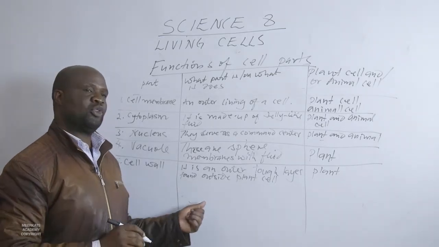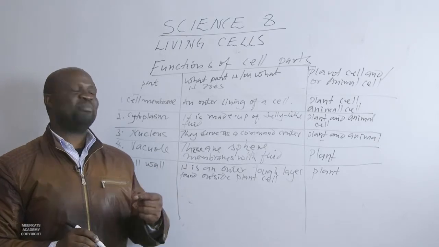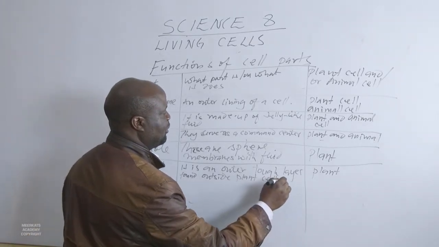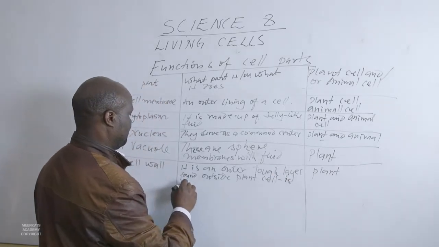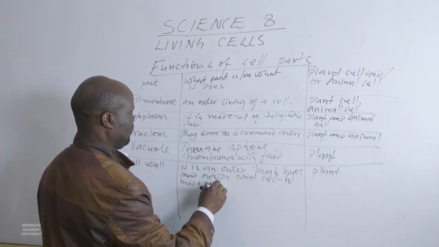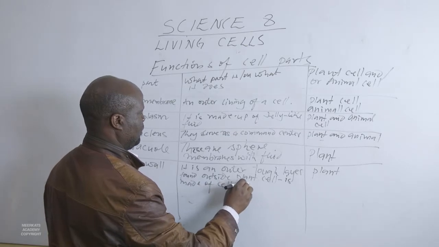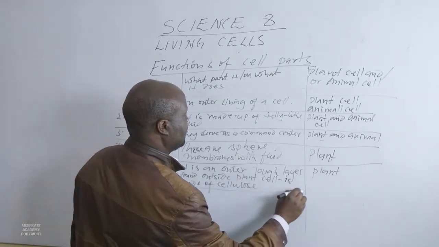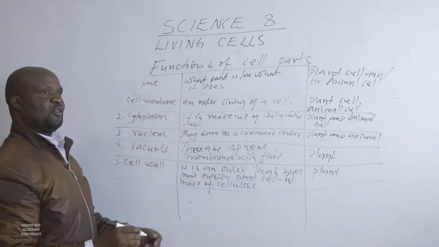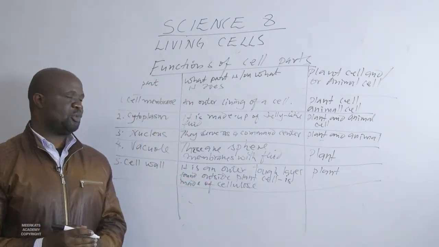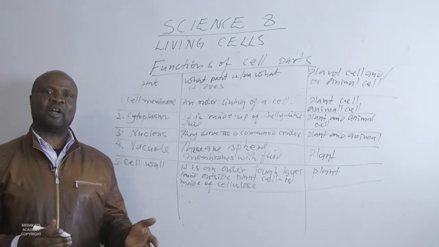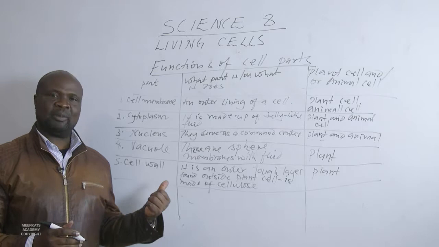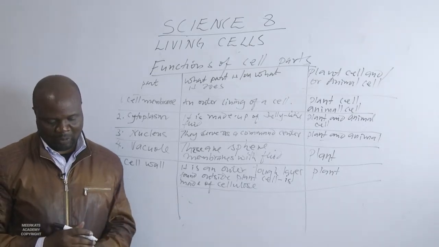And we are told the cell wall is made up of cellulose. If it was fungal, that one will be a different issue. The cell wall that is present in fungus is made up of a substance called chitin, but this one is made up of cellulose.